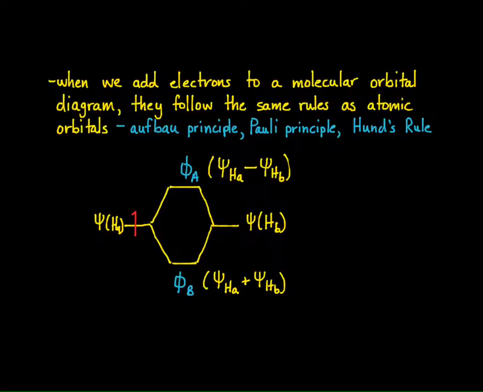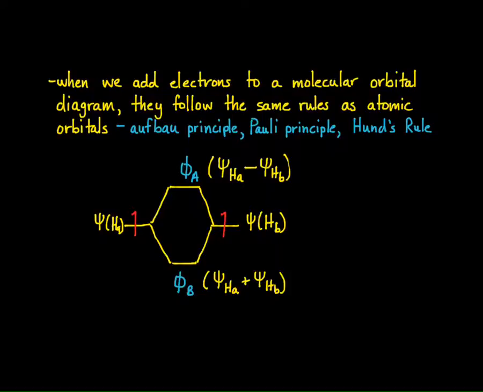So the electron of HA is here, and the electron of HB is here. Now, I arbitrarily drew the arrows pointing up. Oftentimes you'll see one arrow up and one arrow down, and the reason is because in order for them to populate an orbital, they have to have different spins. So sometimes you'll see HB having the opposite spin.